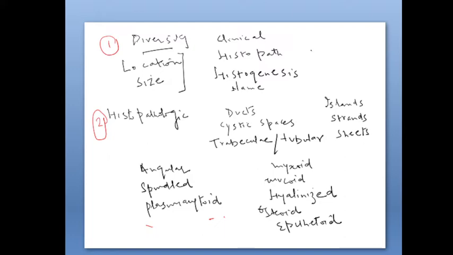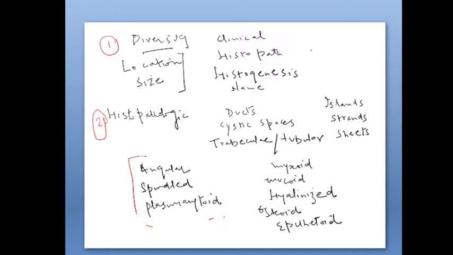They can be located anywhere in any of the salivary glands. The size ranges from very small to very large. Histopathologically, ducts, cystic spaces, trabeculae, angular cells, spindle cells, plasmacytoid cells, various stromal components, and also islands, strands, and sheets of cells are seen.